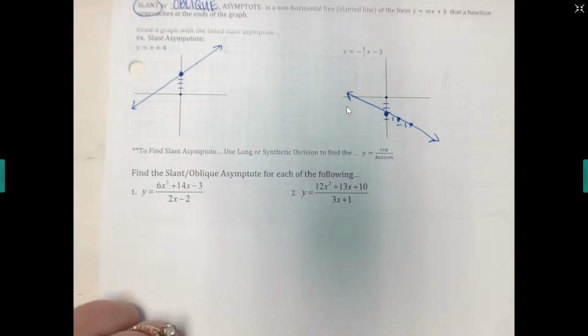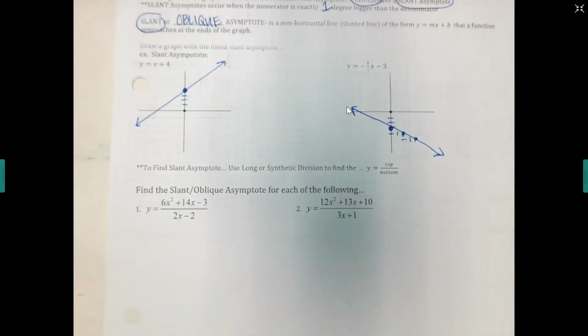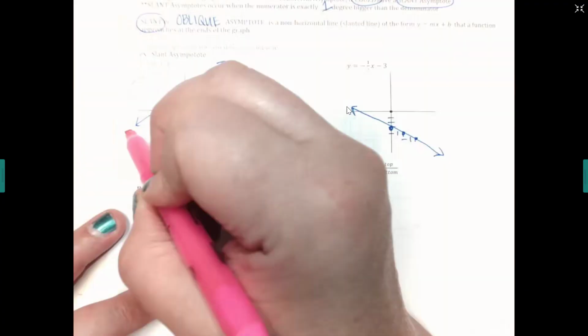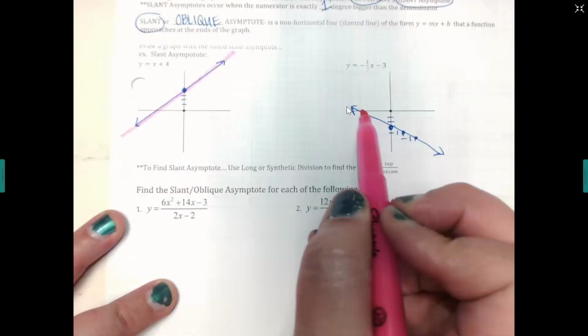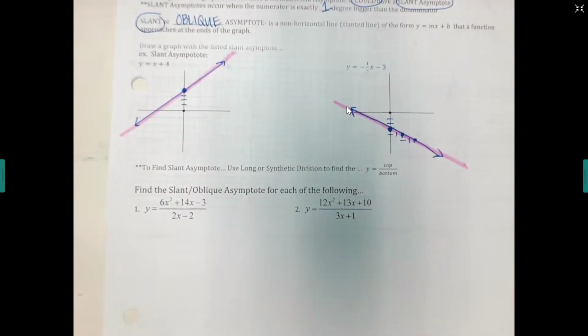Then draw your line in. Now remember, the lines that you just drew are asymptotes. Here's what's going to happen if you have an oblique asymptote. Your graph is going to curve off to that line at the edges.